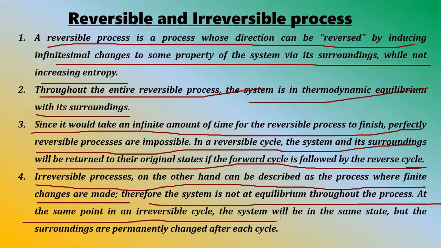At the same point, in an irreversible cycle, the system will be in the same state, but the surroundings are permanently changed after its cycle. What does it mean? It means that irreversible processes are everywhere. They are happening everywhere, with you, with me, with everyone else, right? And here finite changes are made. The system is not at equilibrium through the process. Okay, no equilibrium is maintained. So the system will be normal, but the surroundings will change.